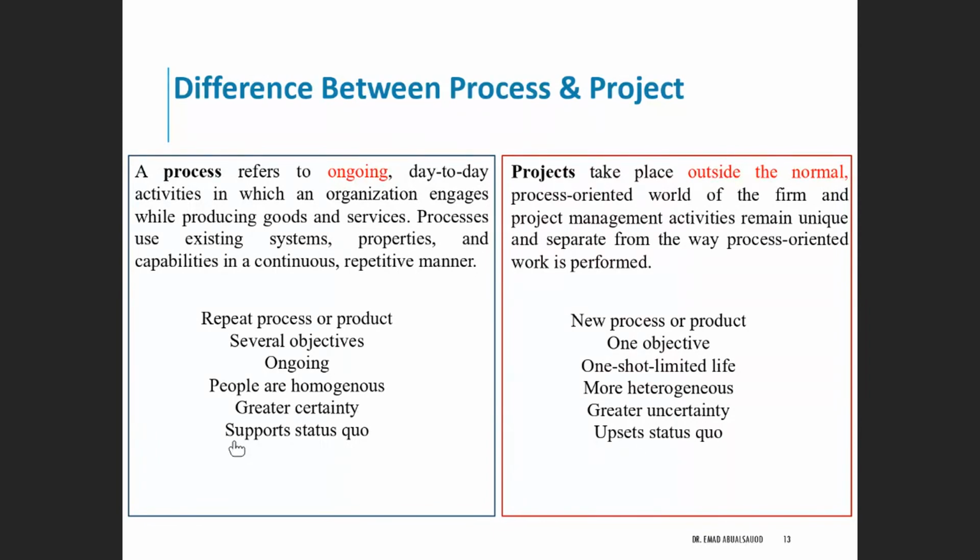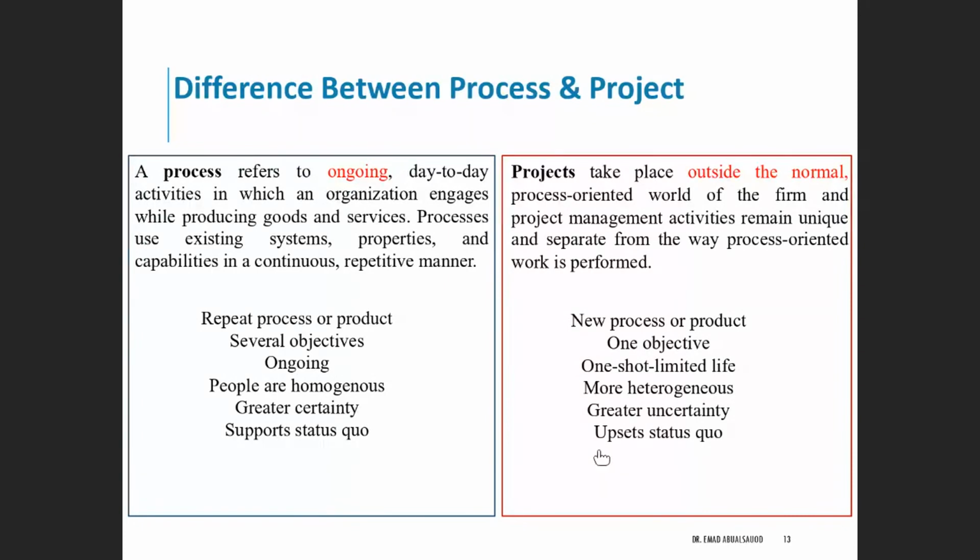A project upsets the status quo, while a process supports the status quo, the current state you are dealing with. Usually the process is not something against what you are currently doing. It's basically what you are doing now.